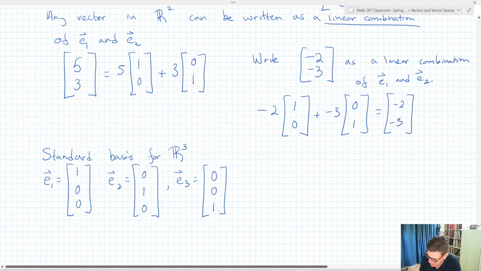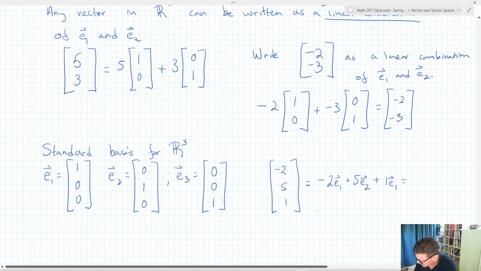Okay? So now, let's say, for example, I want to write the vector negative 2, 5, 1 as a linear combination of these standard basis vectors. I'll write it as negative 2 E1 plus 5 E2 plus 1 E3.